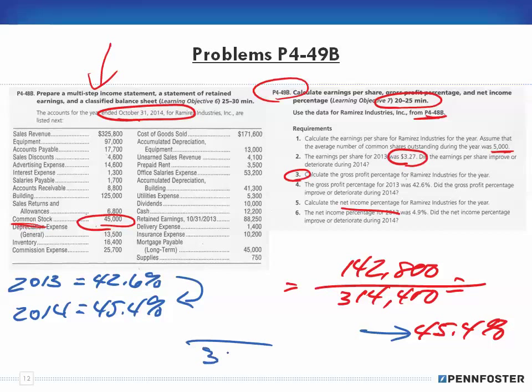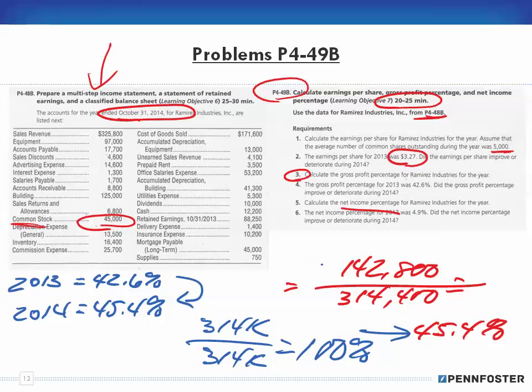If you say I have 314,000 in the denominator, and notice I'm going to just throw in a value here, a value of 314,000. Okay, that means I have 314,000. So 314 divided by 314 gives me 1, gives me 100%, right?